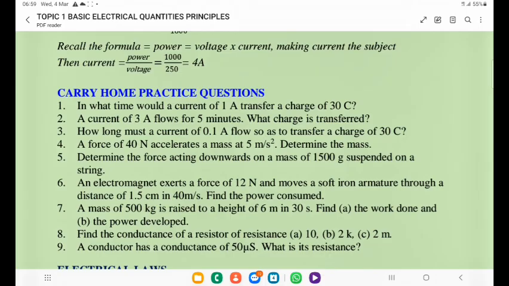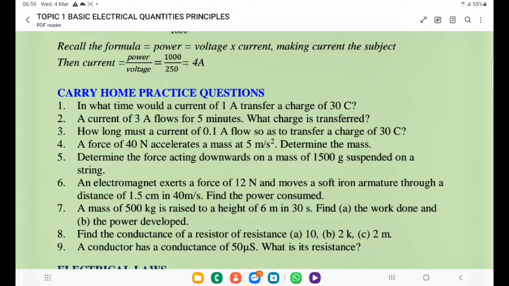What charge is transferred? You have the current, you have the time, they want us to find the charge. Then how long must a current of 0.1 ampere flow so as to transfer a charge of 30 coulombs? Then you have a force of 40 newtons accelerates a mass at 5 meters per second. Determine the mass. Determine the force acting downwards on a mass of 1500 grams suspended in a string.